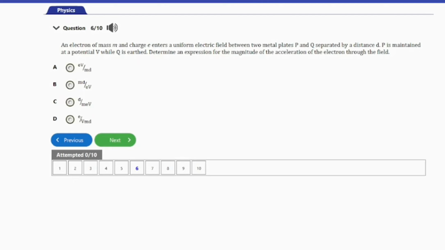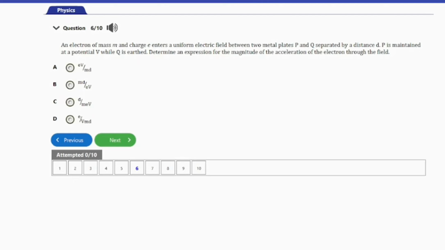Now that we've obtained the force on the electron, which is eV over d, we also need to consider Newton's second law of motion, which has it that force F is equal to mass times acceleration, that's ma. From this, we can deduce that a is equal to F over m.